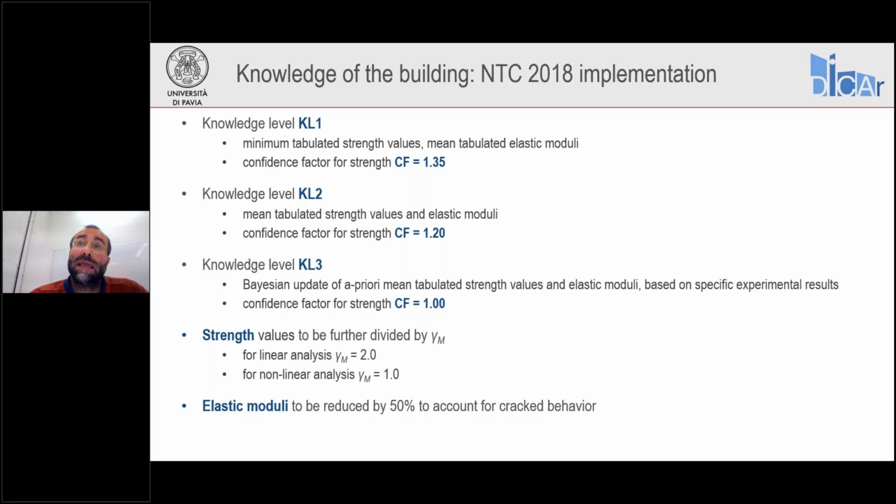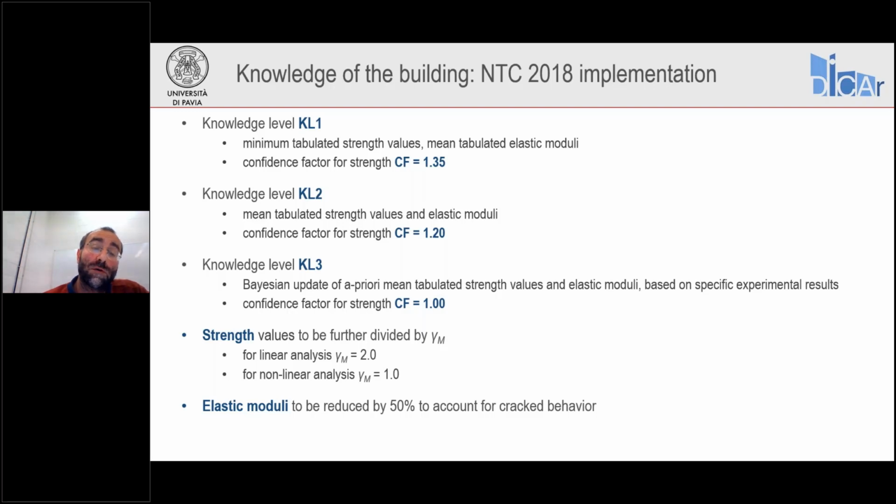Also, these tabulated reference properties will be somehow included in the new Eurocode version. Now, I was saying in the current edition of Eurocode 8, Part 3, there are some issues related to the application of the partial factors, gamma m. Again, looking at the Italian code, what I would suggest to do is, for linear elastic analysis, apply to the material strength a gamma m factor equal to 2.0.